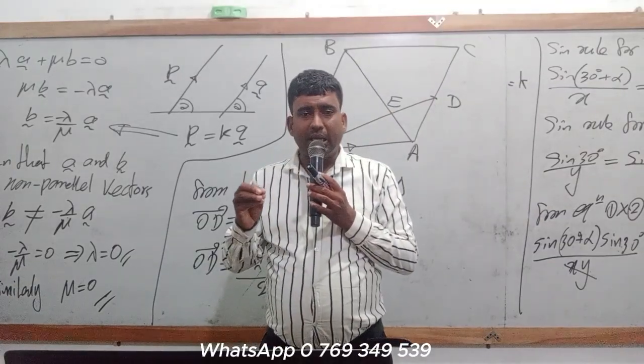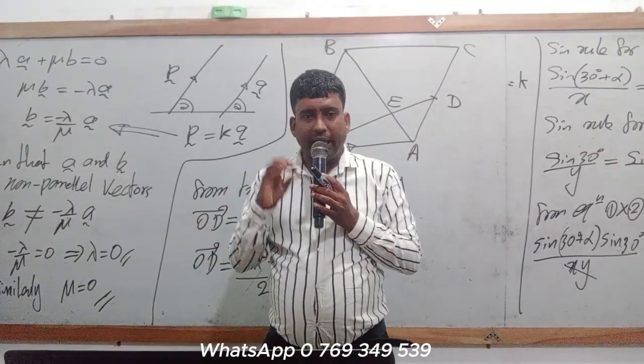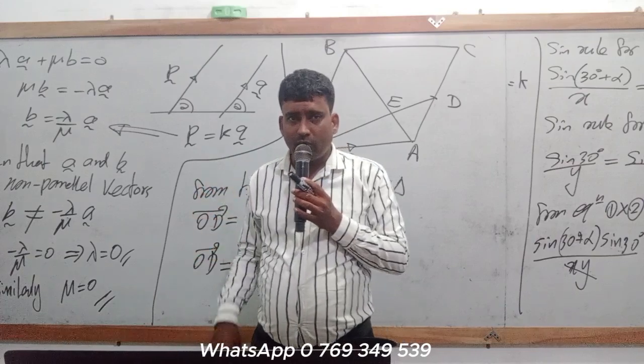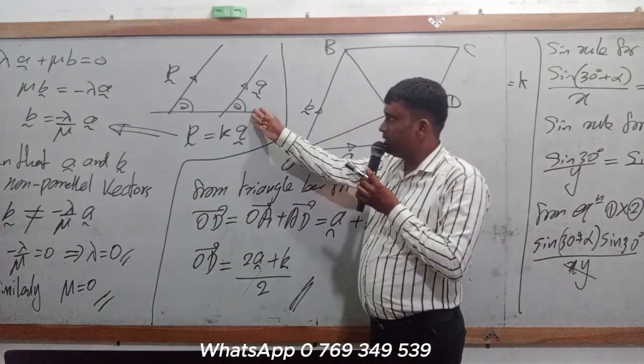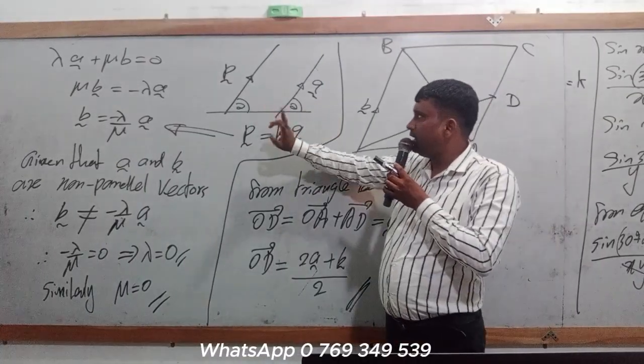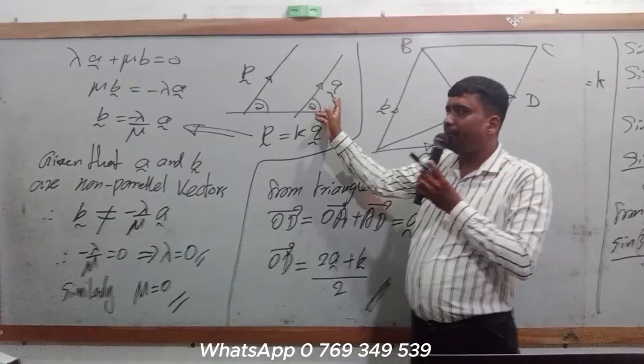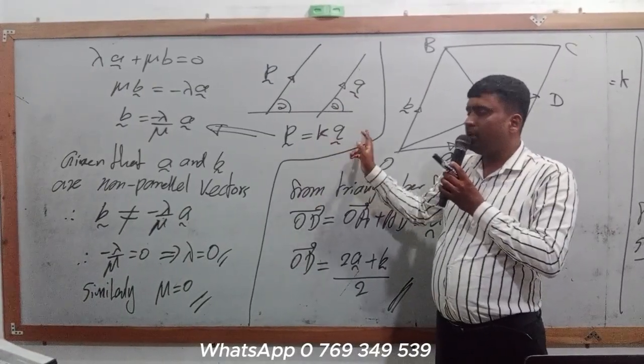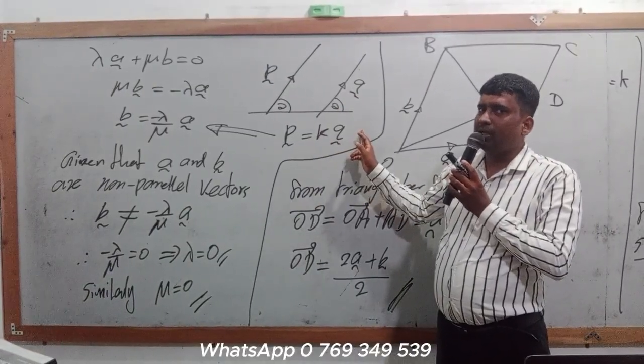Explain why OE is alpha OD, and AE is beta AB. Same theory: if P and Q are parallel, P equals kQ, right?